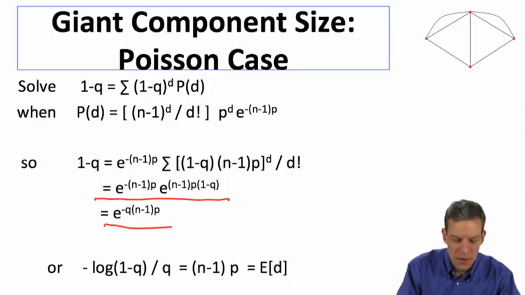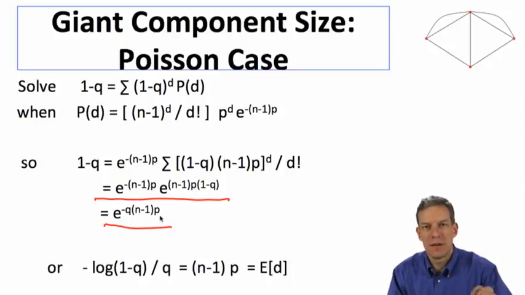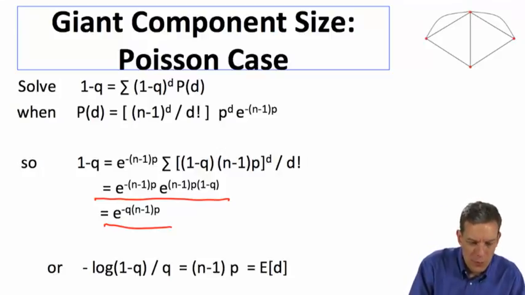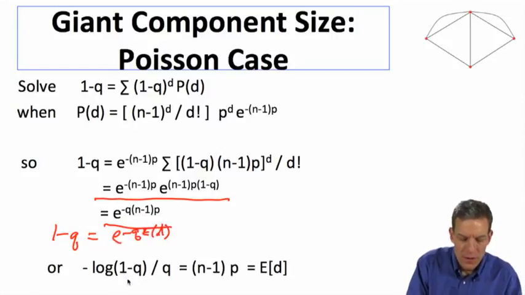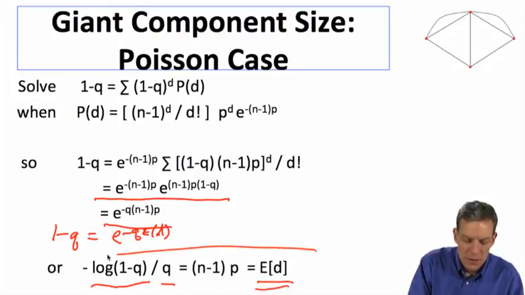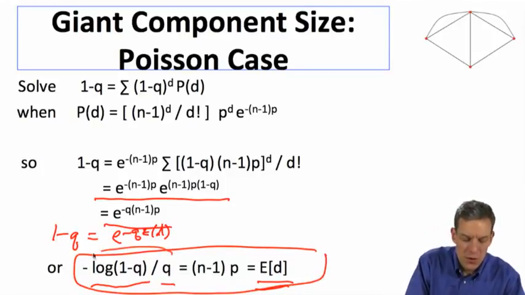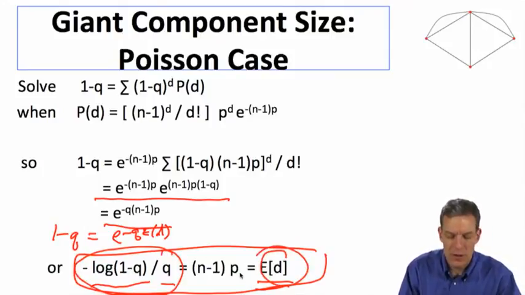Remember that (n minus 1)p is the expected degree. p is the probability of any link, and multiplying by n minus 1 gives the expected degree. So what we end up with is 1 minus q equals e to the minus q times the expected degree. If we take the log of both sides, we get minus log of (1 minus q) over q is equal to E[d]. Very nice, simple equation now. We've got a relationship between q on one side and the expected degree on the other.